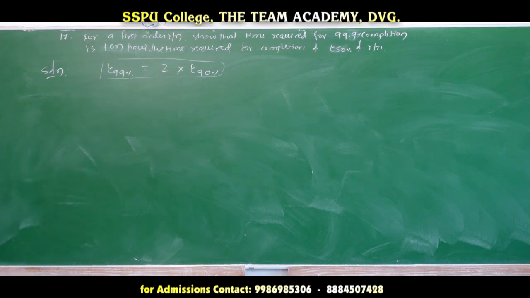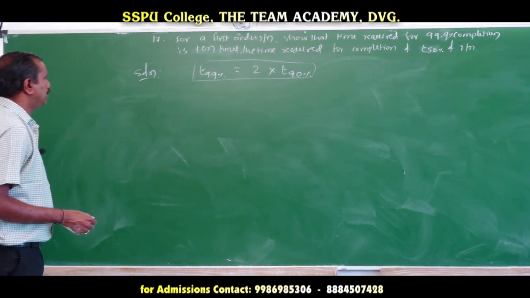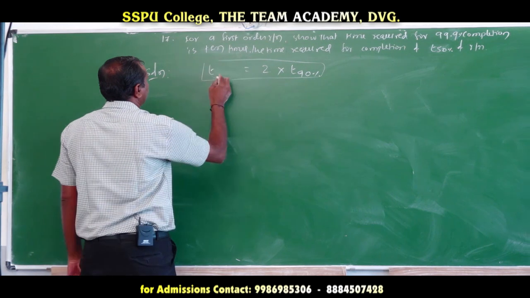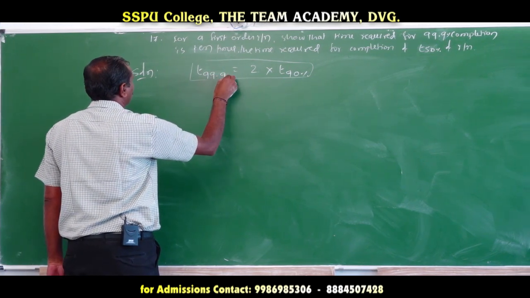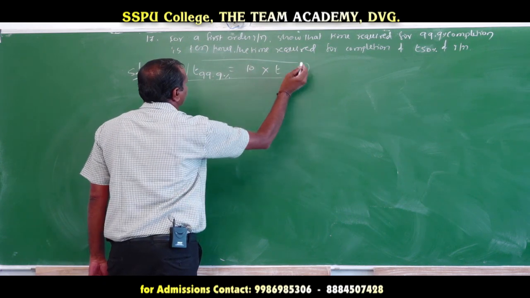The time required for first order, the time required for 99.9% completion is 10 times that of the time required for T50%. Means T99.9% conversion is equal to 10 times that of T50%.